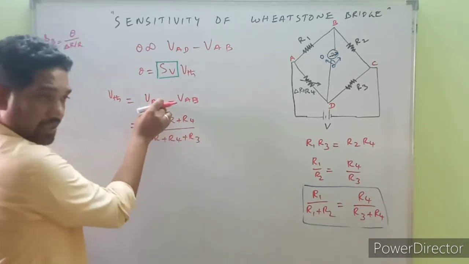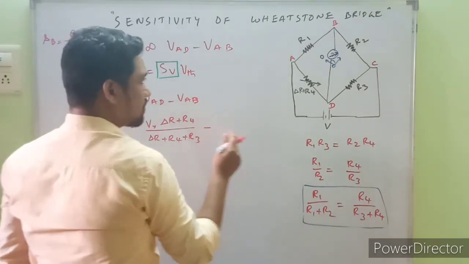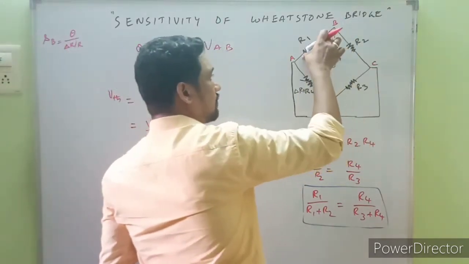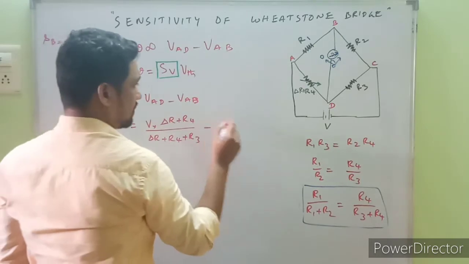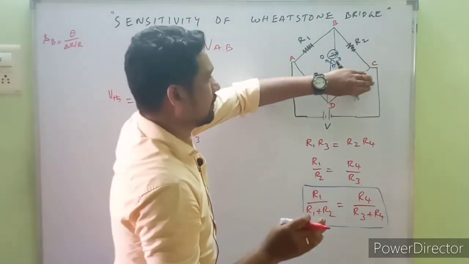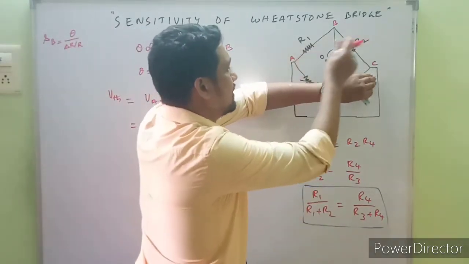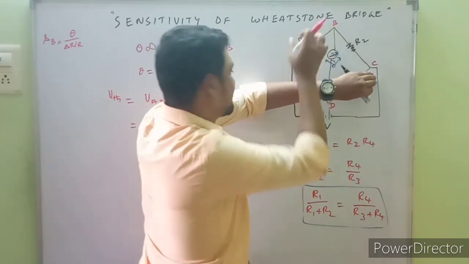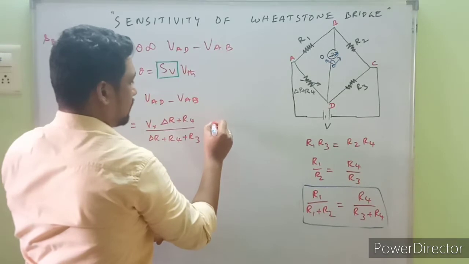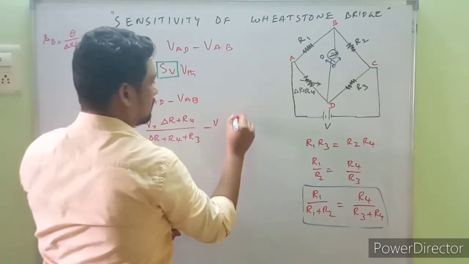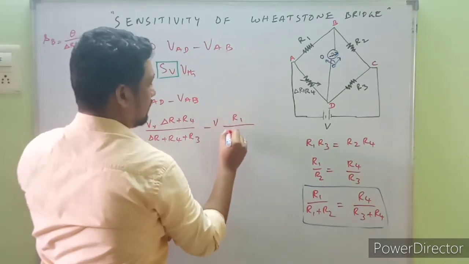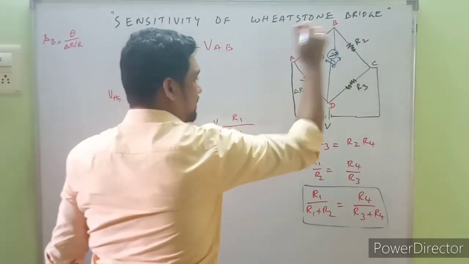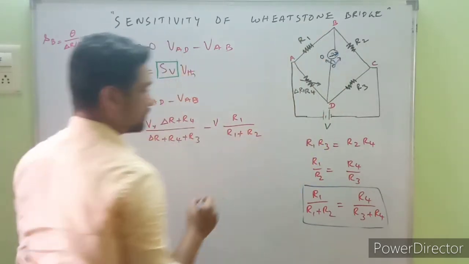This is for VAD. Now we go ahead with minus VAB, with the same supply. Close this one, we don't need it. These two are in series, and according to the potential divider rule, the drop across this one is supply voltage V into R1 by R1 plus R2, right?